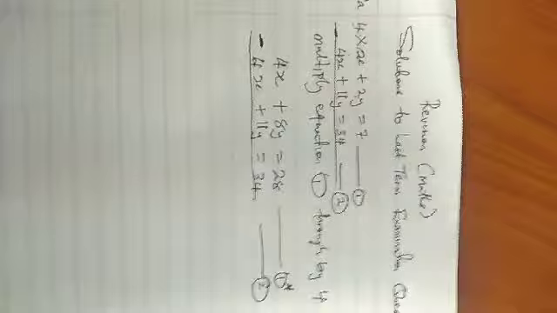Alright, so I'm going to subtract the modification of equation 1 from equation 2. So 4x minus 4x gives us 0.